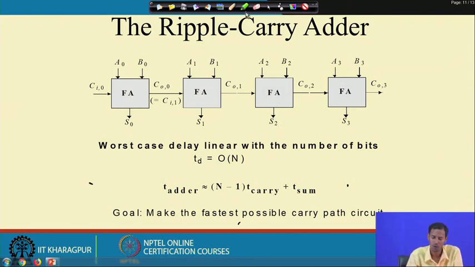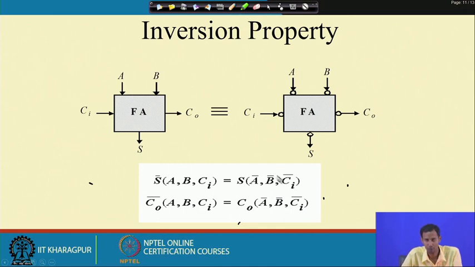So, for that, people have used the inversion property. Why do I need the inversion property? If you see that for implementing this A XOR B XOR C, I need the inverter circuit at the output of that.